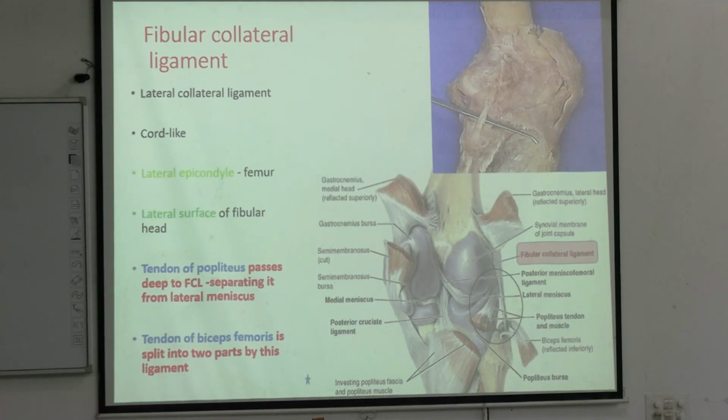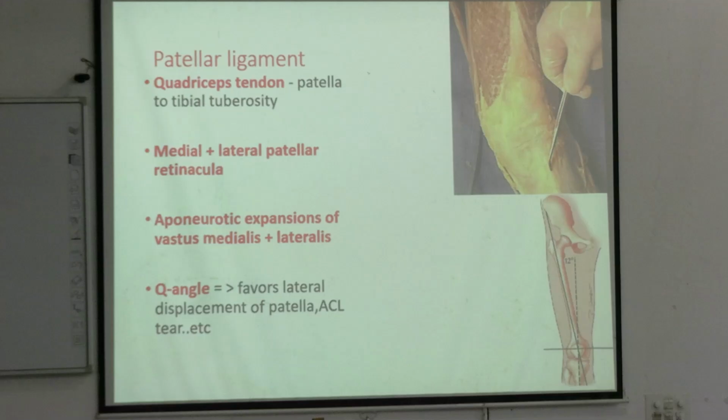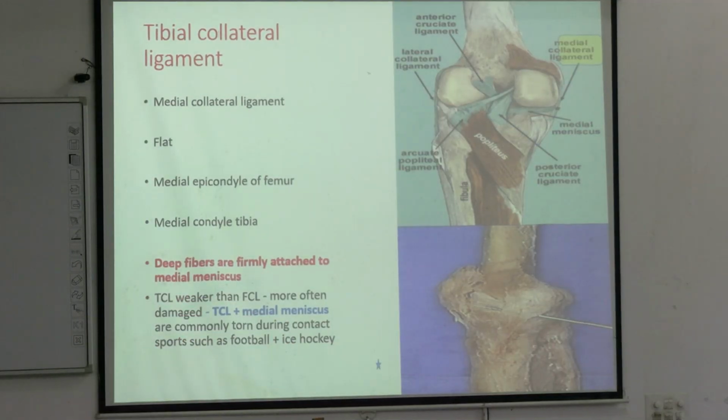Of the two collateral ligaments, the fibular collateral ligament is the strongest, less prone to injuries despite being a thin band. Compared to this, the medial collateral ligament is quite thicker, and is more prone to injuries. Because this medial collateral ligament is attached to the disc within the joint, which we call the meniscus, if there is damage to the medial collateral ligament, which most commonly happens, the menisci are also damaged.